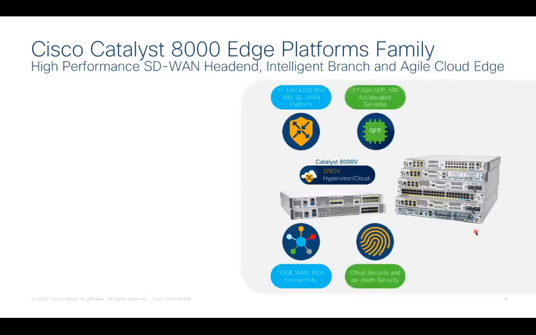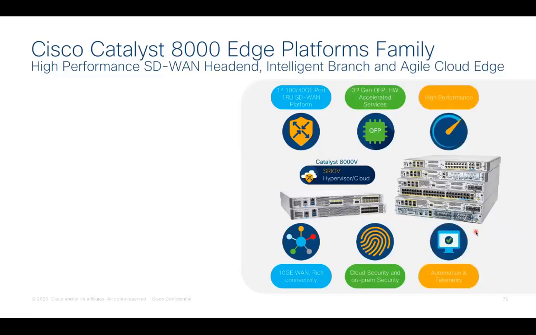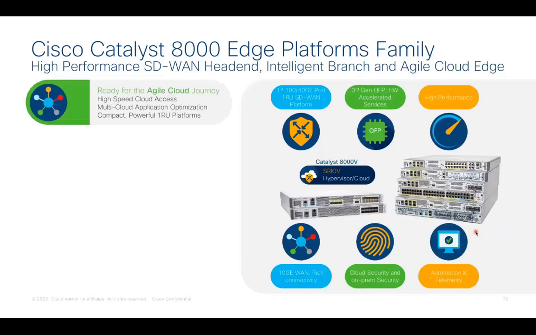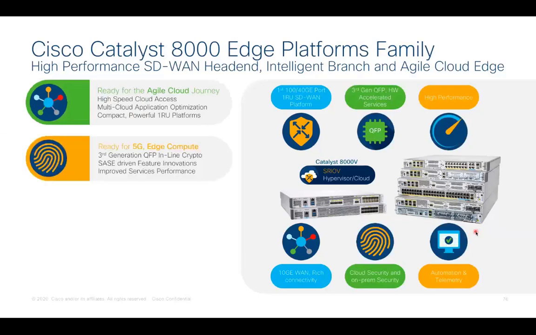We talked about the 10 gig branch with rich connectivity, modules, and services, with the introduction of the Cat 8300 series Edge platform that provides multi-layer full stack security on-prem and in the cloud. We talked about edge intelligence with high-speed ports, high port density, and multi-domain integrations.